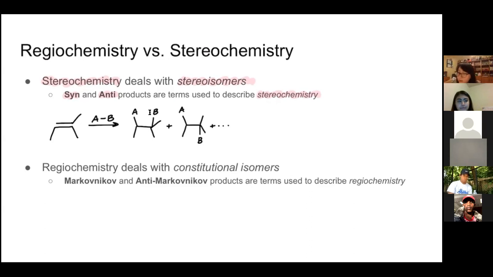Let's say there's some others. On the left, both the groups that were added are pointing up, and on the right, the A is pointing up, the B is pointing down. So this guy on the left, is this going to be syn or anti? Does someone want to shout it out? Syn. Perfect, thank you. I think that was Gigi. Syn, and the other guy's going to be anti. And so these are going to be stereoisomers.